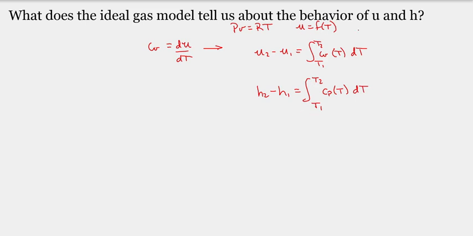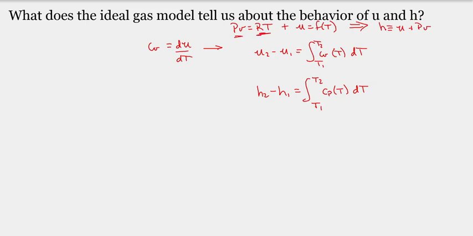Again, since it's a function of temperature only, here's kind of an elegant thing. Remember that since the internal energy is a function of temperature only, and we have this model, we take these two pieces of information together, and what it tells us is that, by definition, enthalpy is given by this expression, but, ooh, look at that.